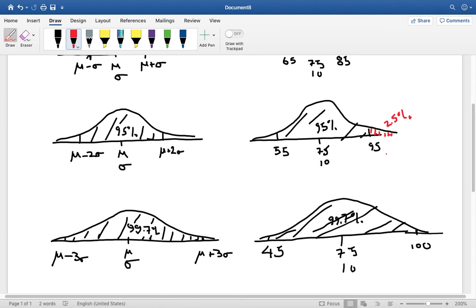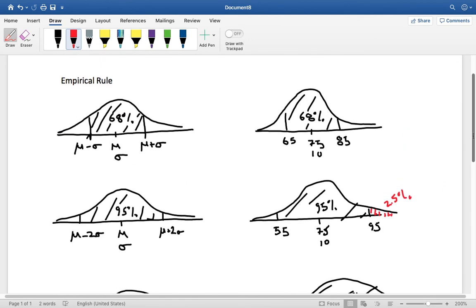Another question, what percentage of students would have scored less than 65? Well, less than 65 is this part of the empirical rule. These are the students in here. Now, given that if this is 100% of our students and 68% are in the middle, that leaves us 32% here and here.